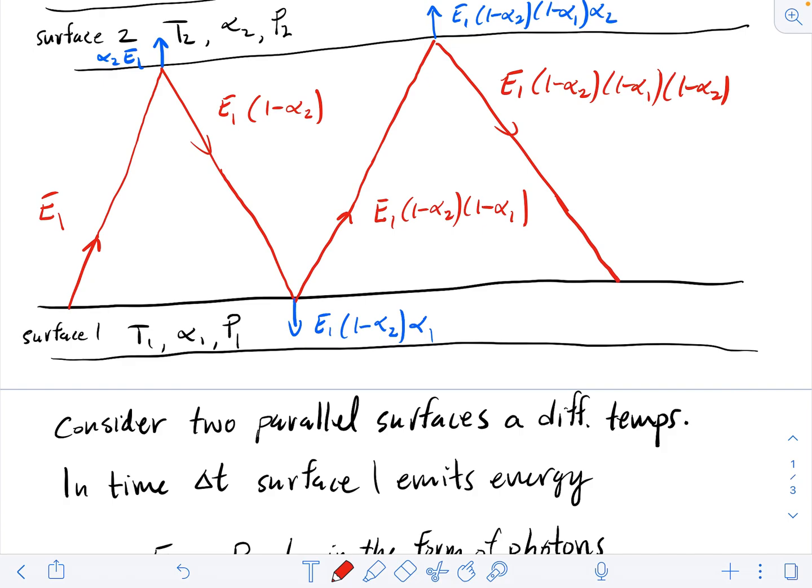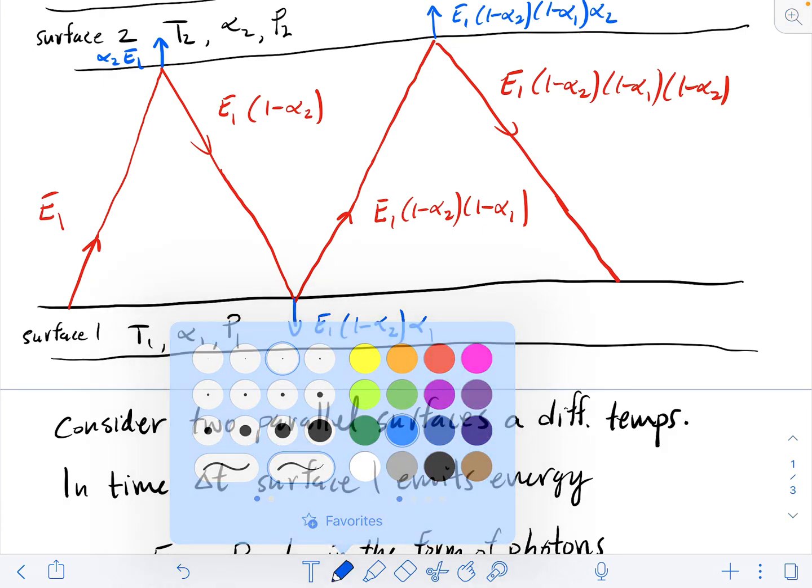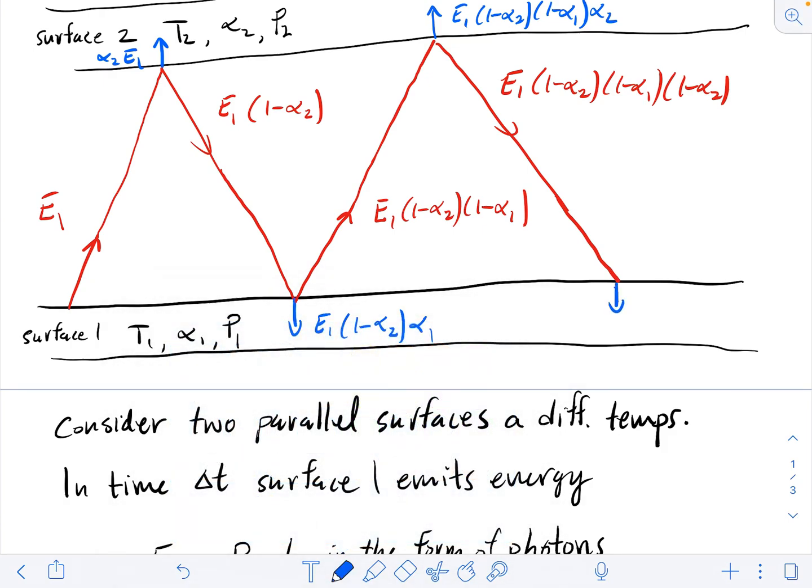Let's add this to our picture. So this energy comes and it interacts with the first surface. Some energy is absorbed. It's E1(1 minus alpha 2)(1 minus alpha 1)(1 minus alpha 2) alpha 1.